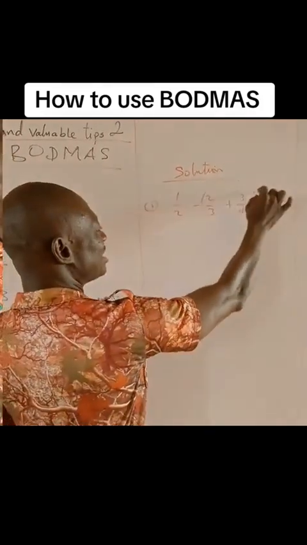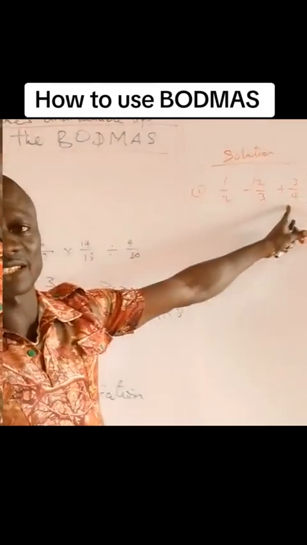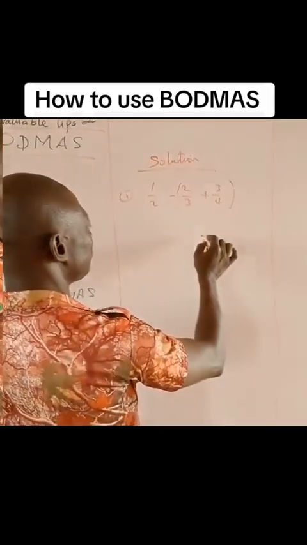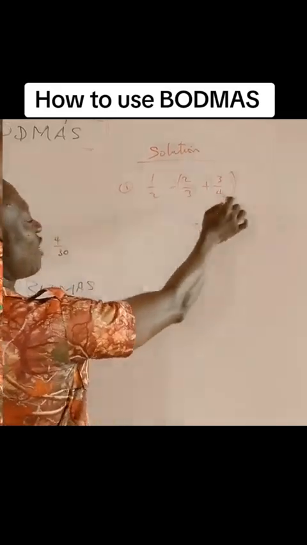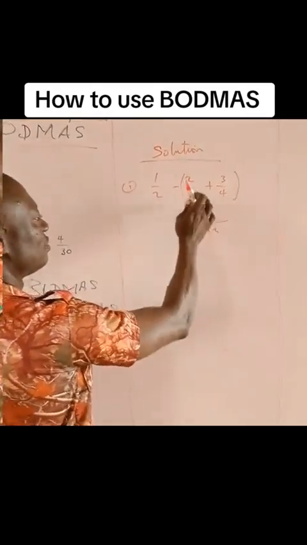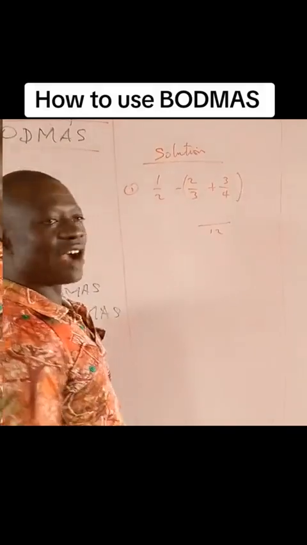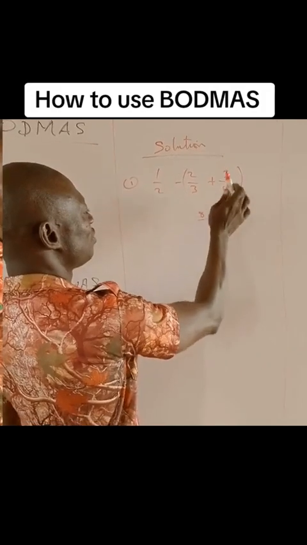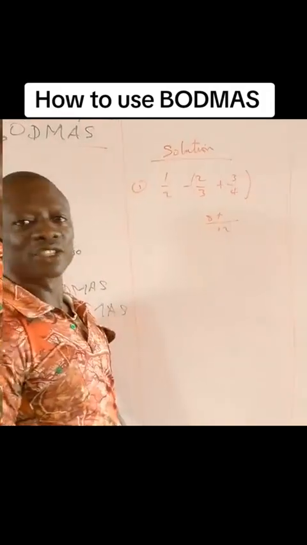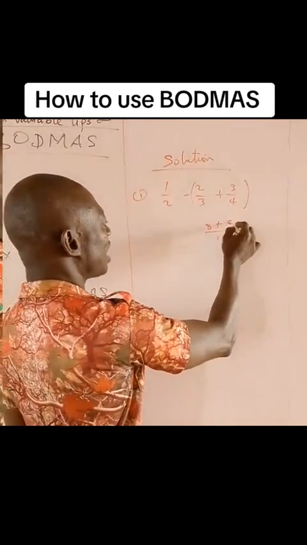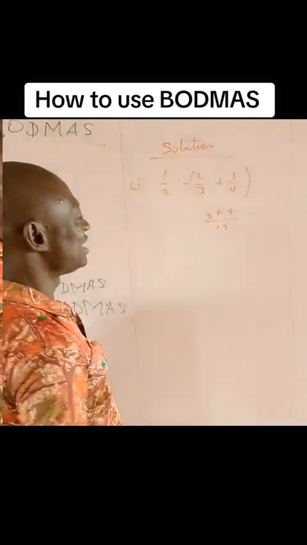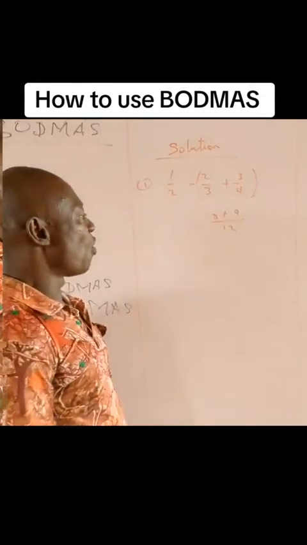Come and bracket this and say, okay, we are going to do addition first. That means we find the LCM of 3 and 4, which is 12. 3 into 12 is 4. 4 times 2 is 8, plus 4 into 12 is 3. 3 times 3 is 9. And so inside the bracket, we get 17/12.